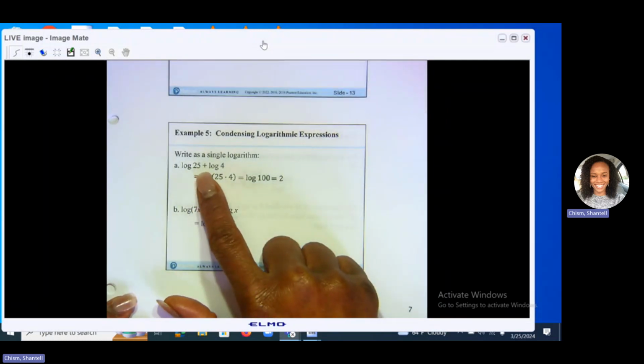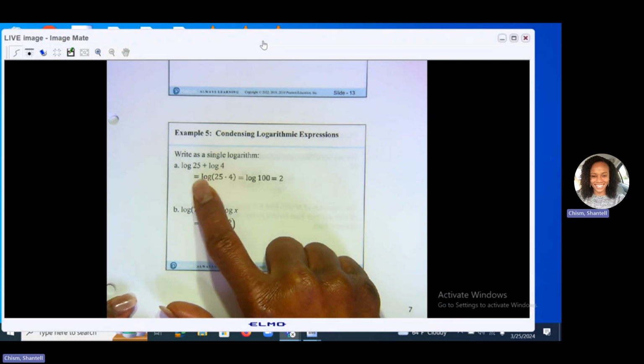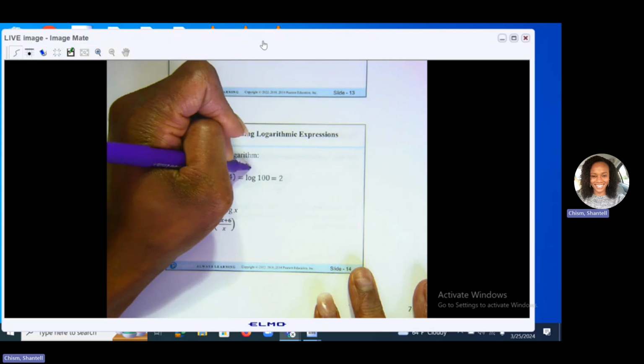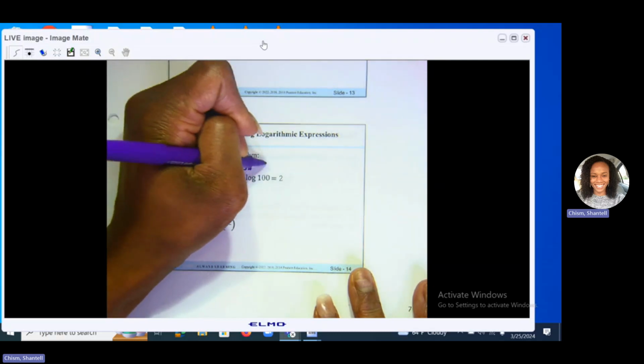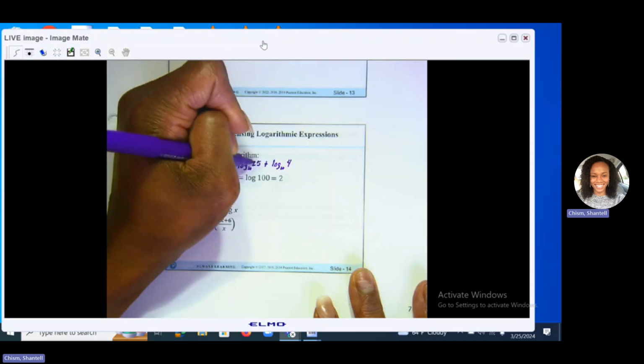So here's one. We've got log of 25 plus log of 4. Notice that they do not show a log base. It's understood to be 10. Log base 10 of 25 plus log base 10 of 4.